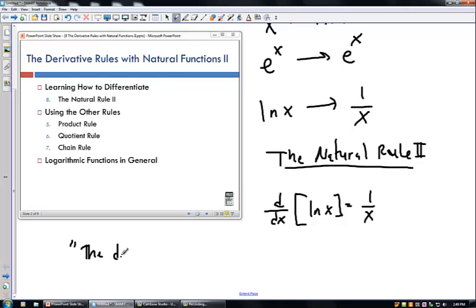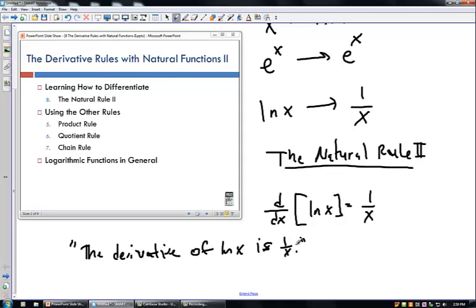So the derivative of ln of x is 1 over x. That's the saying I remember. Later on, I'll say the derivative of e is e again, and I'll say the derivative of ln is just 1 over, when we apply it to the chain rule.